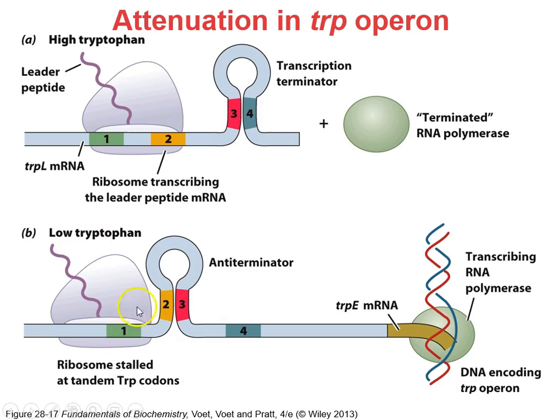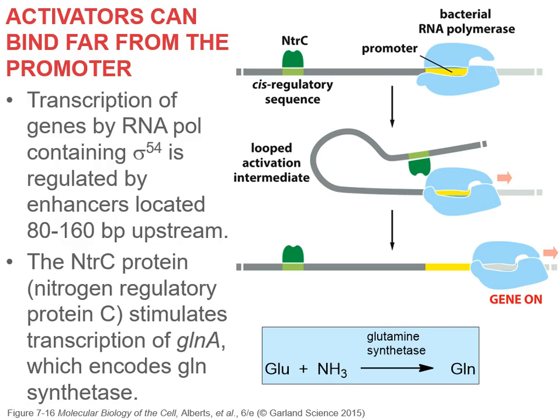But if tryptophan is low, the ribosome stalls right here at those 2 consecutive Trp codons. The anti-terminator forms, and here transcription continues until you get to the end of the operon. So it's a very clever situation, I think.